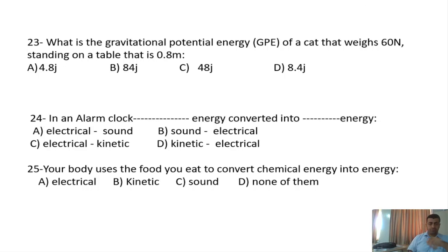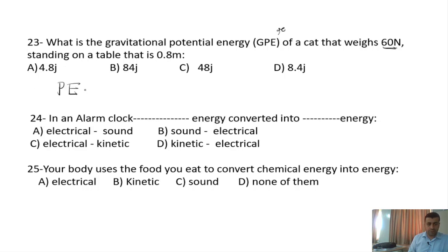Question 23. What is the gravitational potential energy of a cat whose weight is 60 Newton, standing on a table that is 0.8 meter? What is the formula of potential energy?